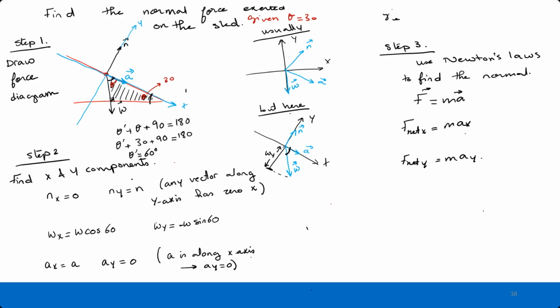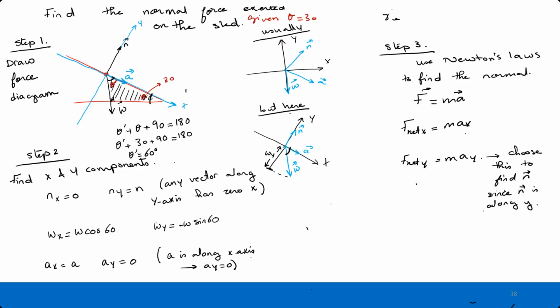The normal is not even along x. Look at the normal, it's along the y direction. So I'll choose this to find n, since n is along y. So choosing the y components equation is more useful.